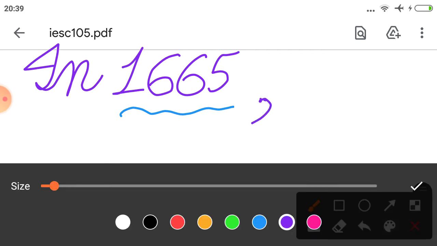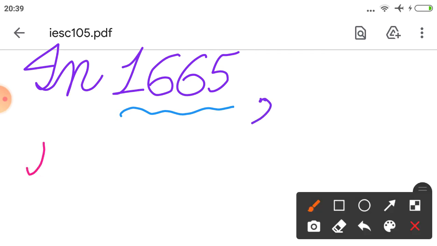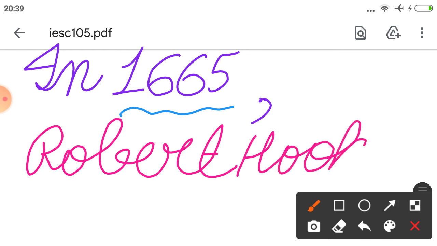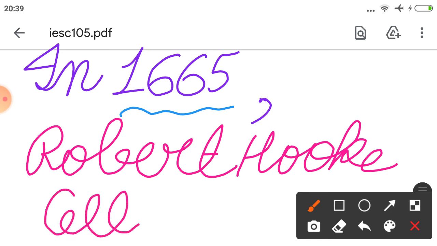Robert Hooke discovered and named the cell in 1665 from cork.